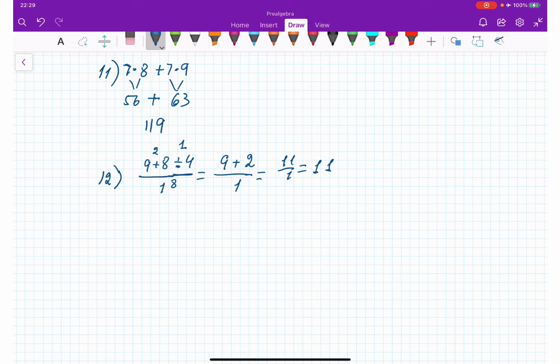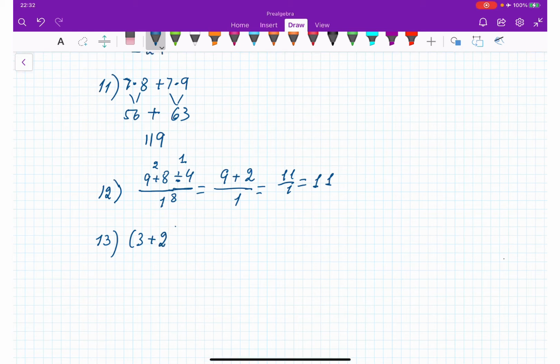Number 13. 3 plus 2 squared divided by 7 times 5 squared.